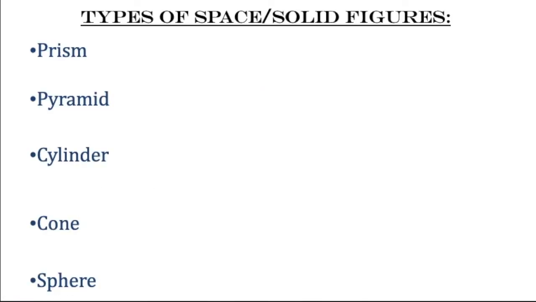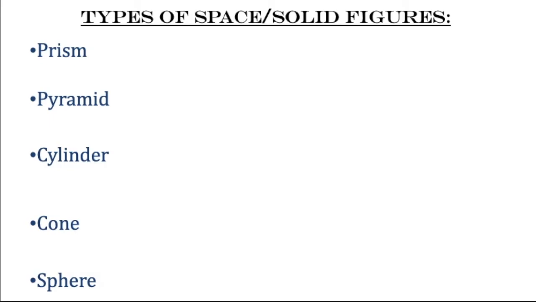And we know now, just to remind you again, that there are different types of shapes that you can have in a three-dimensional form. These are called space figures or solid figures, in other words. And then we've covered this. We know what a prism is. There's also a pyramid, there's a cylinder, and a cone or a sphere.